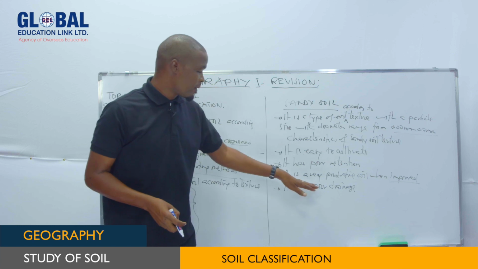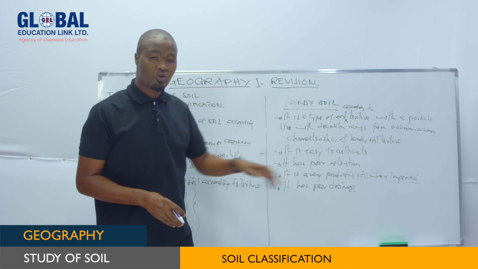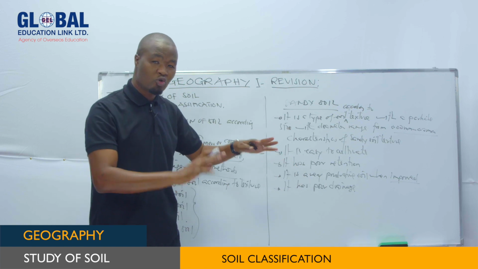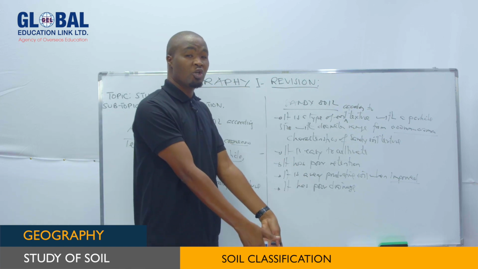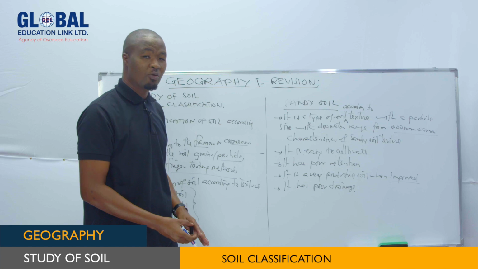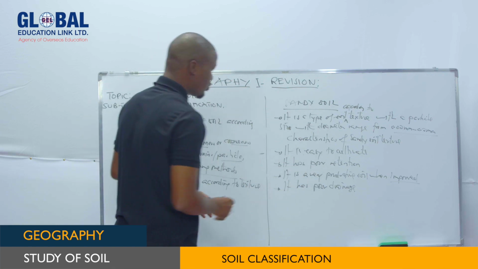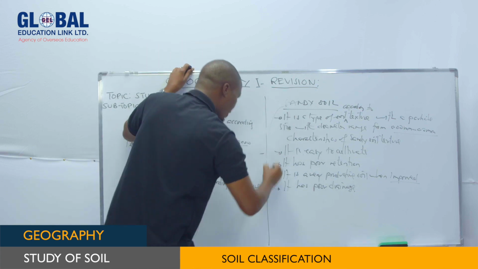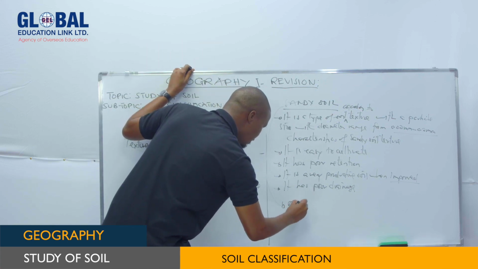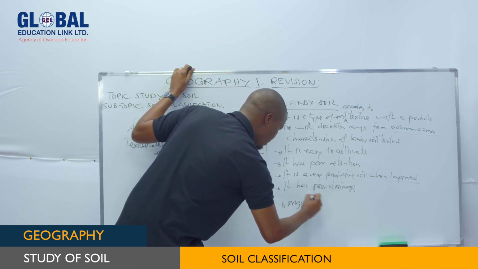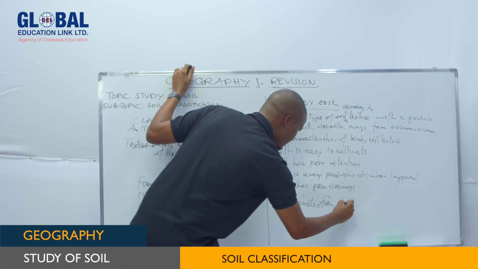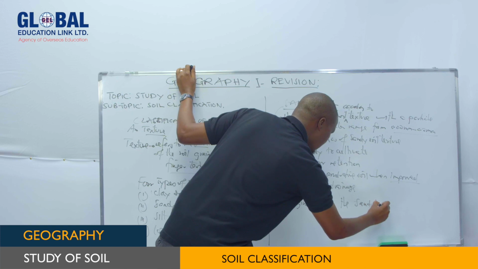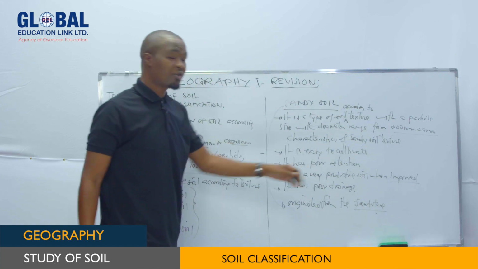Why? Because there is no flowing of water on its surface. Because the water on the top of the sandy soil usually soaks into the ground in an easy way. These are some of the characteristics of the sandy soil. And most of the sandy soil originated from the sandstone. Sandstone is its parent rock.